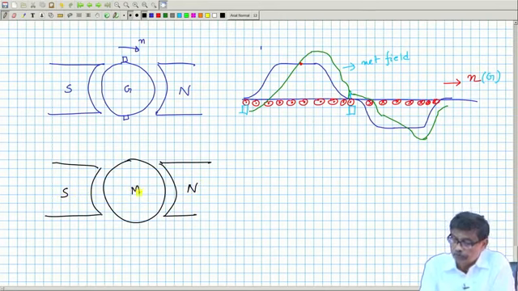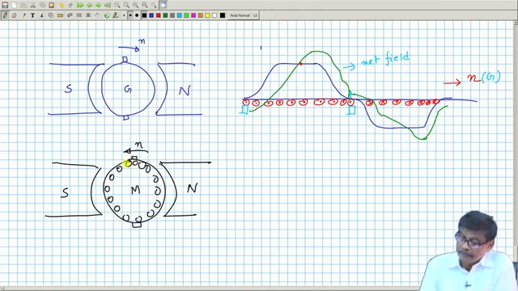Suppose this is motor mode, and the direction of rotation is n here, and these are the brushes and conductors.